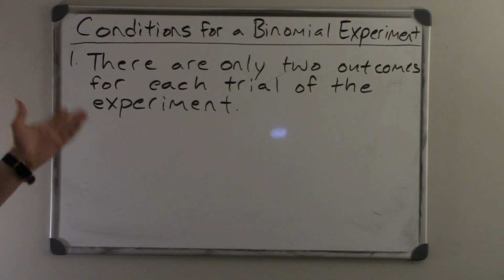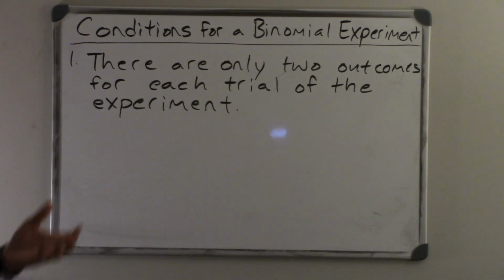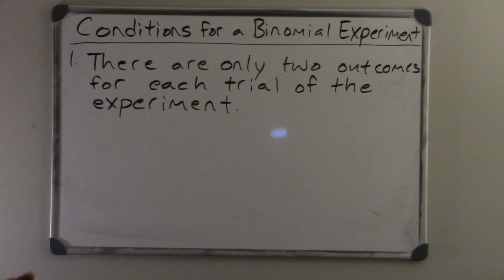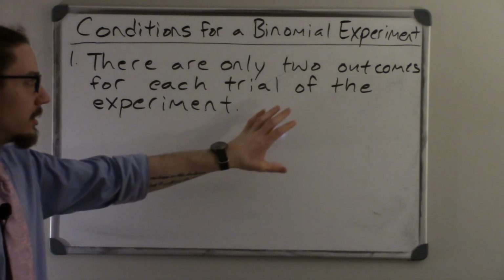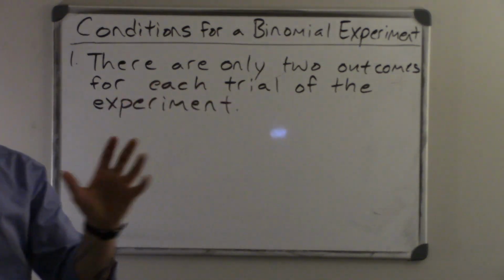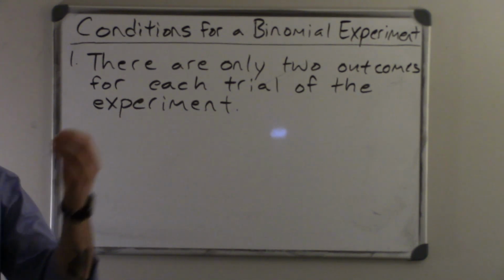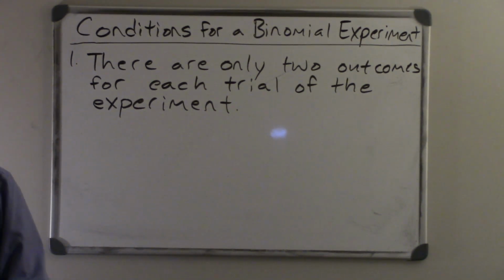This is where the bi in binomial comes from. We have two outcomes for each trial. Those outcomes can be whatever they are, but we are going to be referring to them as success and failure. As long as we can create a way for us to have a success and have a failure, then we can have two outcomes.